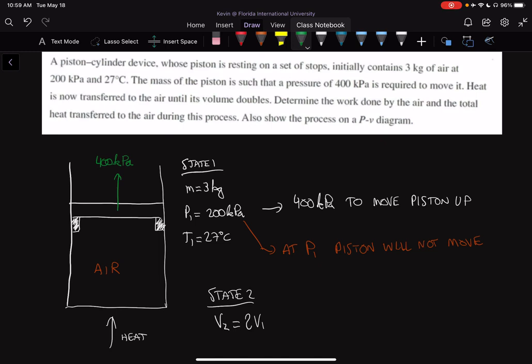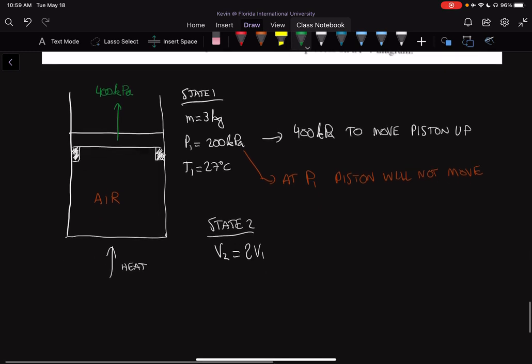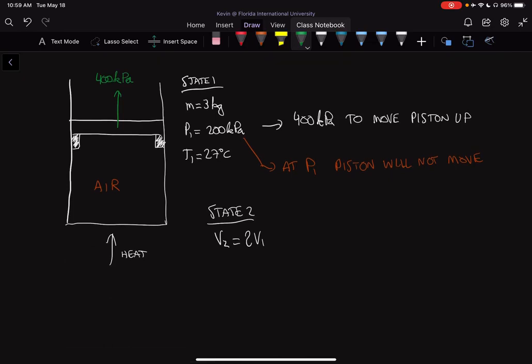So this is a little bit of a deduction that we have to make, but we can say that it will become a constant pressure system once the piston is off the stops.